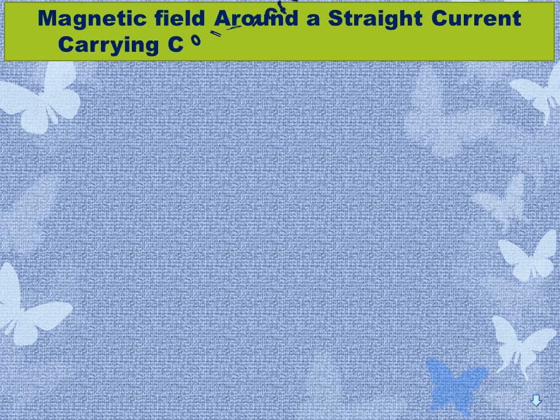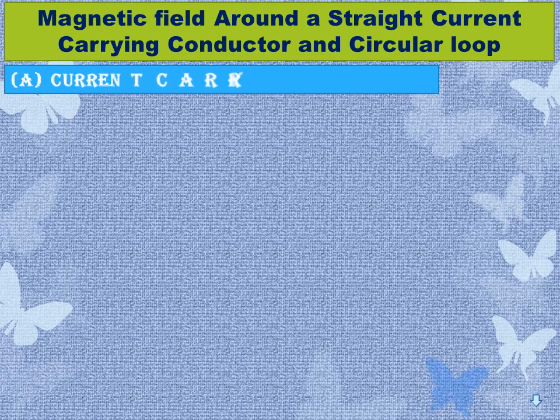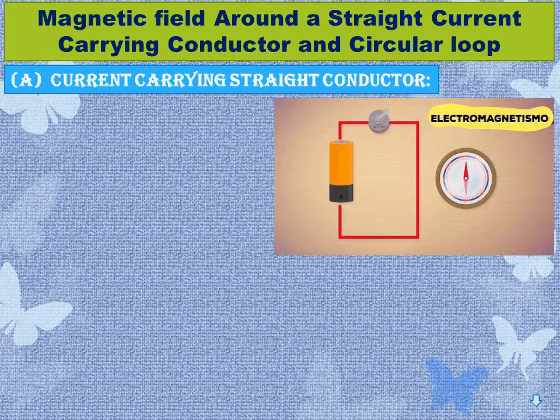Now, let's see the magnetic field around a straight current carrying conductor and circular loop. First of all, the current carrying straight conductor. Suppose we keep a magnetic compass near a current carrying straight conductor, then the needle of the magnetic compass experiences a torque and deflects to align in the direction of the magnetic field at that point.